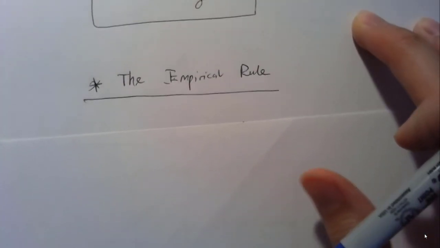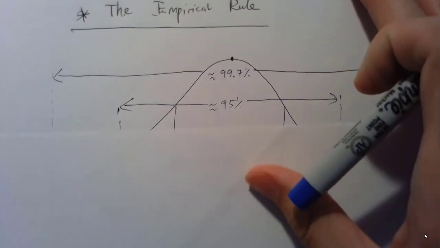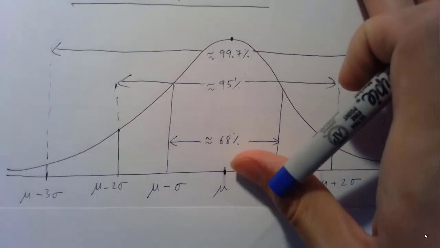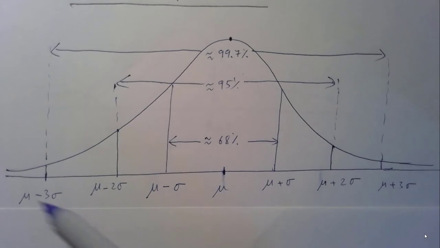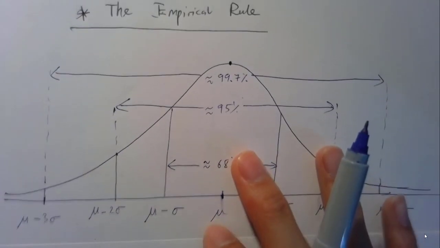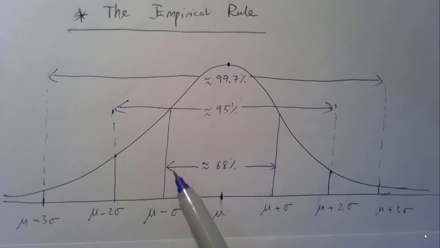Recall that we studied the empirical rule in earlier chapters, and for the empirical rule we have this normal distribution where the mean is also in the center here. The empirical rule says that 68% of the population will lie within 1 standard deviation of the mean, between -1 and +1 standard deviation.